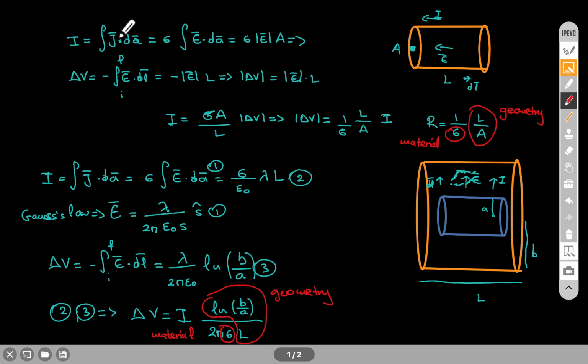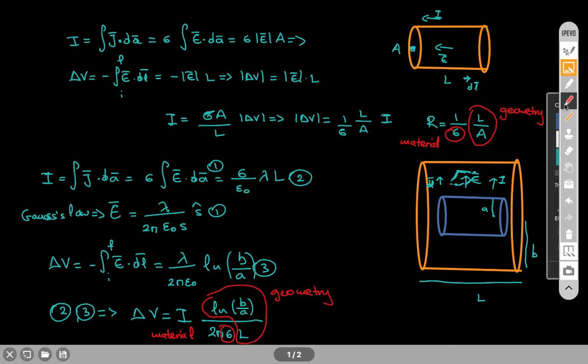I start with the definition of the current density, solve for the current I, use the fundamental expression for delta V, minus the path integral of E dot dl, and I get an expression, and then I combine the two to see how I and delta V are related.